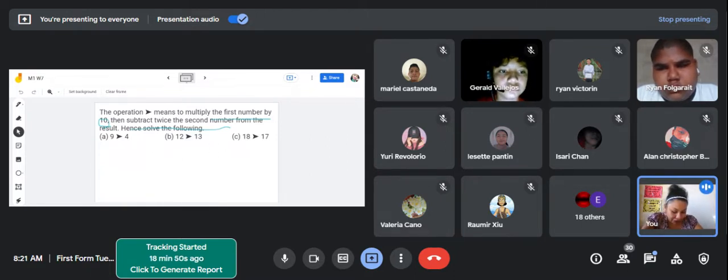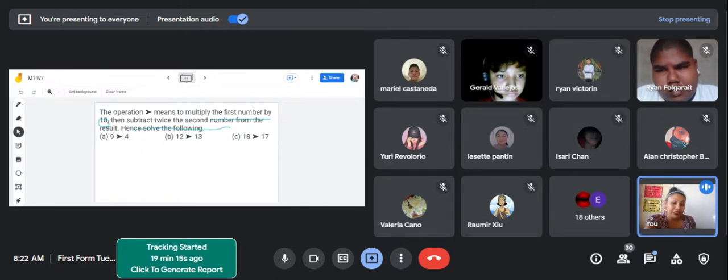Hence, solve the following. So we are going to be doing this in two chunks, two pieces. I'm going to be doing the first part first.